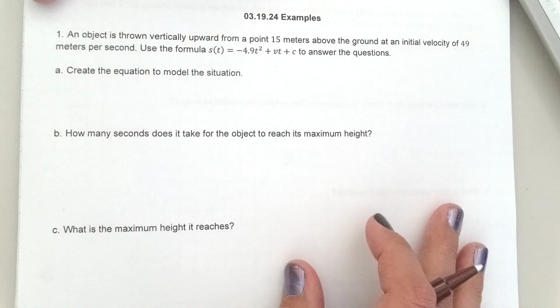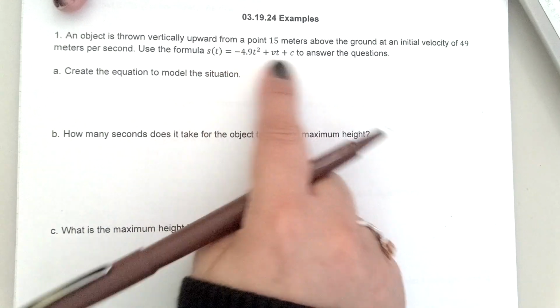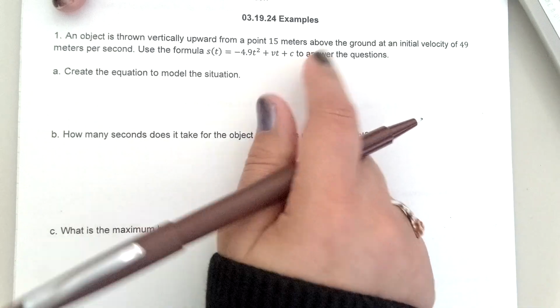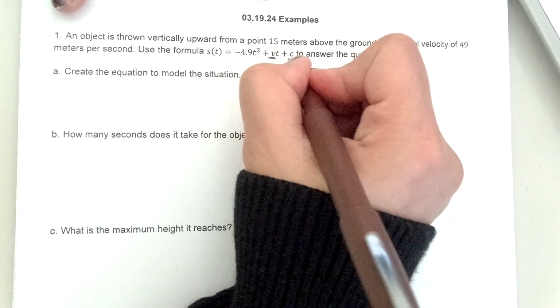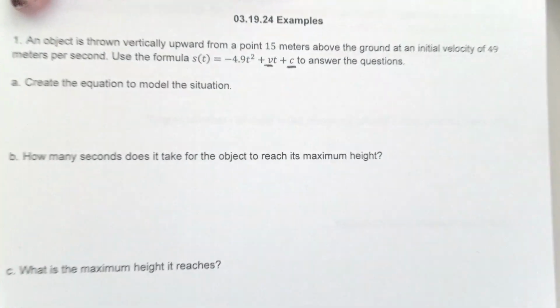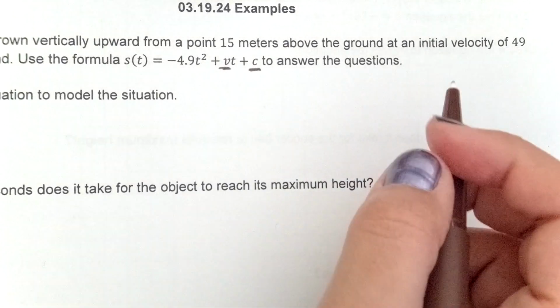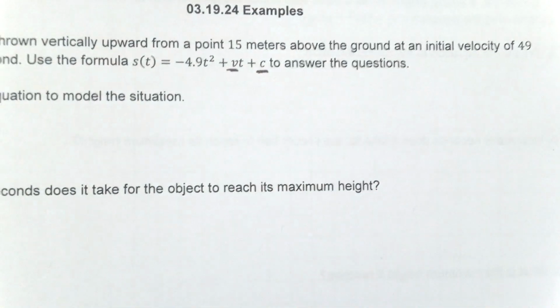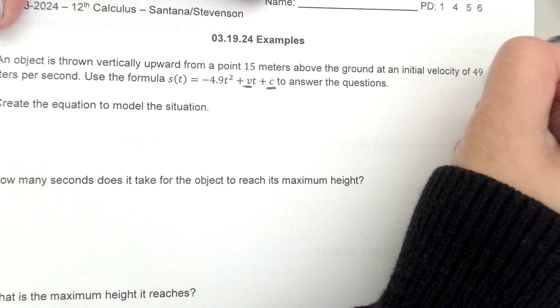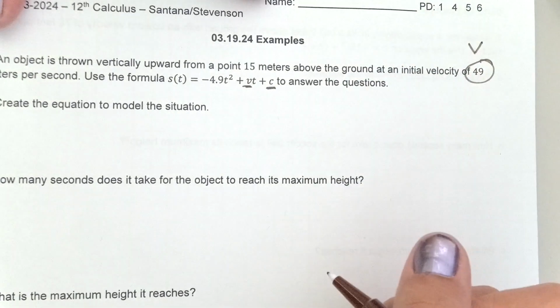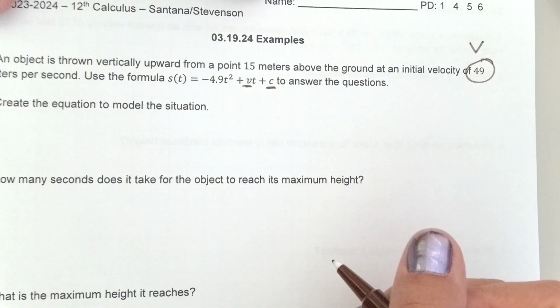Okay. So if I'm looking at this, I notice I have a V and I have a C. If I read the question, it tells me that the initial velocity is 49 meters per second. So this is going to be V. Are there any questions on that part?